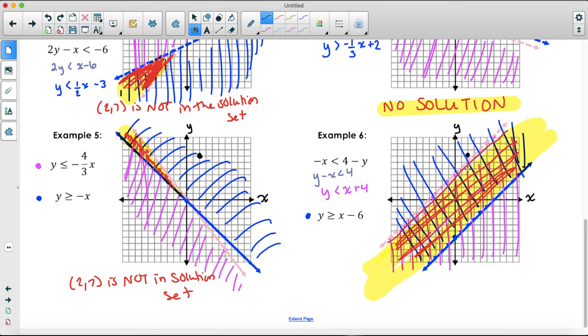So (2, 7) is not accurate because it would say that 7 is less than 2 plus 4, which is 6. 7 is not smaller than 6. That is not true. So it does not work. So we can say that (2, 7) is not in the solution set.